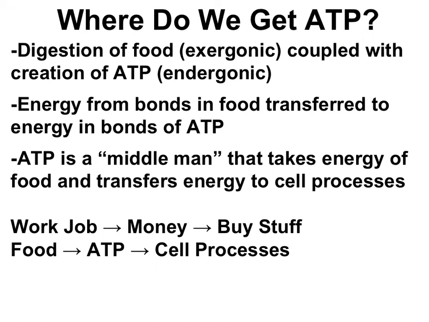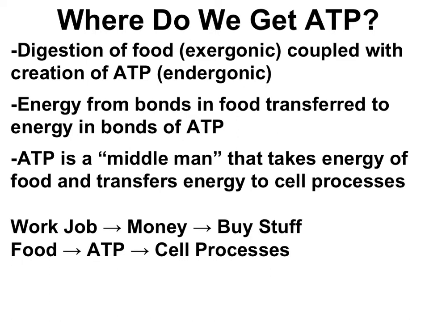ATP's origin story has a lot to do with the metabolism of our food. Breakdown of our food involves exergonic reactions that release energy. The energy released is used to drive the endergonic synthesis of ATP.